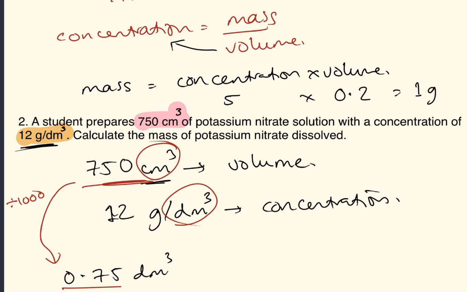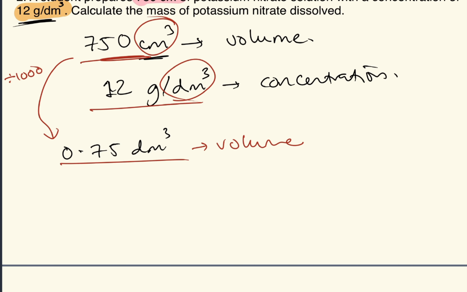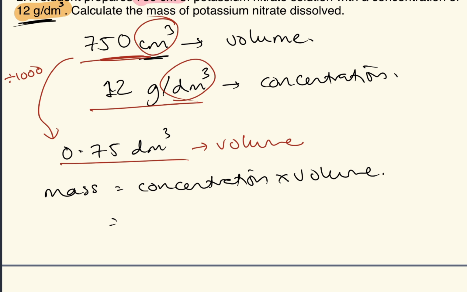So now we have our new volume, and we can compare it against our concentration. The equation from earlier was mass equals concentration multiplied by volume. Concentration was 12, multiplied by my volume, 0.75. And the value for that is 9 grams.